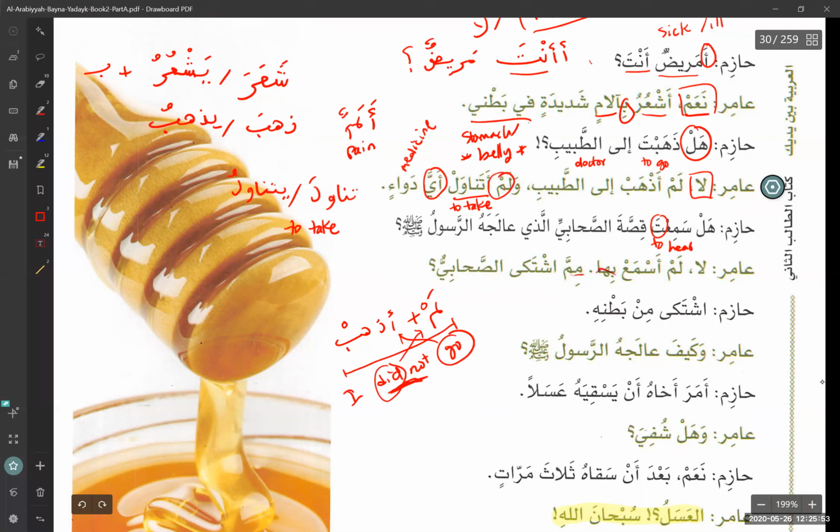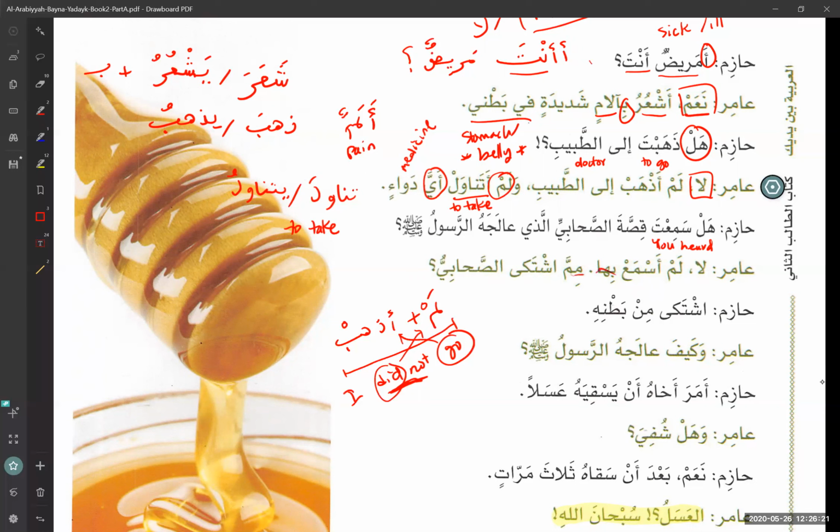So this is in past tense. Maybe I should just write the translation. You heard. هل سمعت؟ Did you hear the story قصة الصحابي? This is مضاف ومضاف إليه. It's إضافة, right? قصة الصحابي, story of the companion.